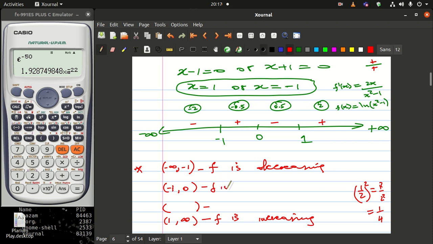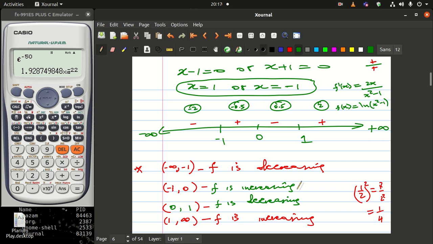So f is increasing. I don't want to write this with red, I want to write it with green. So f is increasing. And if you look into this function here, here we are having a 0, and then here we are having a 1, and you can see that f, because this one is saying negative, which means the function is decreasing. So f is decreasing.